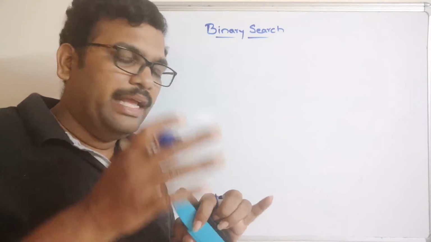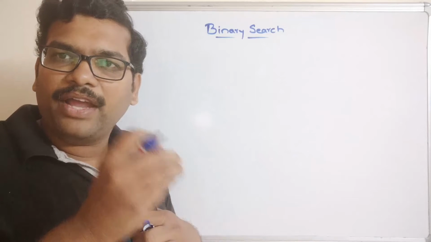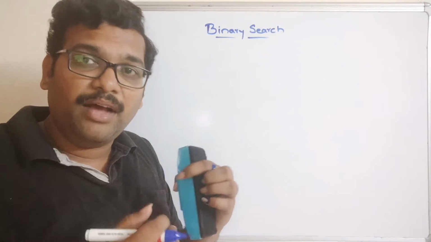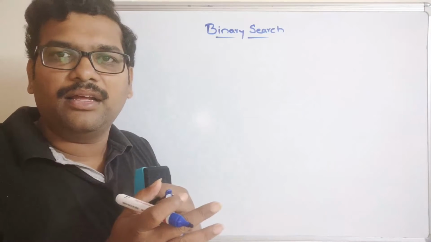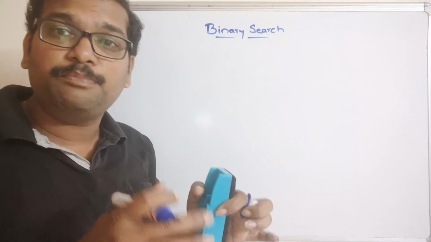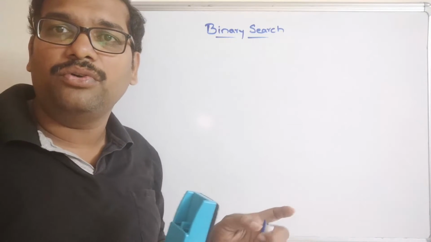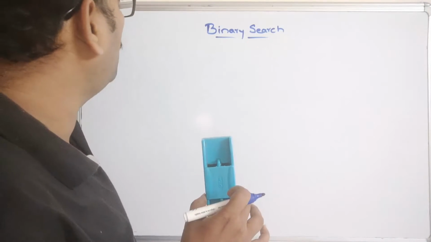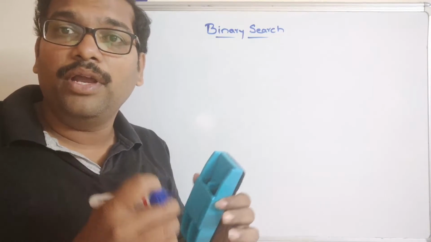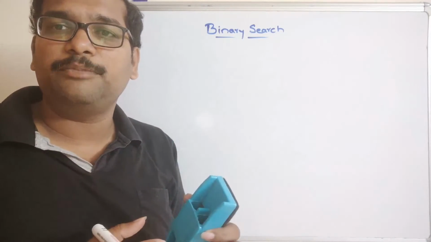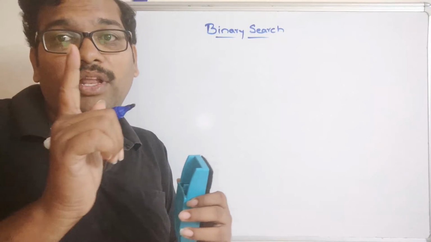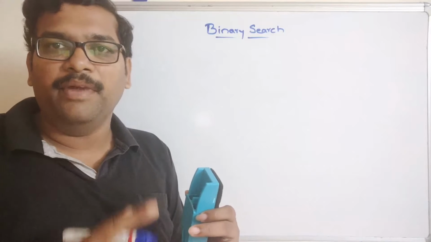For example, if a list contains 5 or 6 elements, after the first iteration, after dividing the list, the search space will be reduced to around 3 elements or 2 elements. Like this, we are going to reduce the search space after every iteration until it gets only one element.